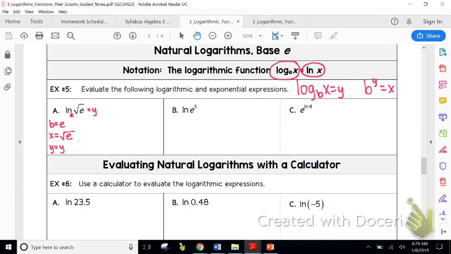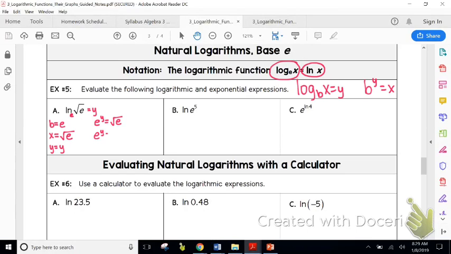So change it to exponential. So b to the y equals our x. Now what do I do? Can I get rid of the radical? Yeah.